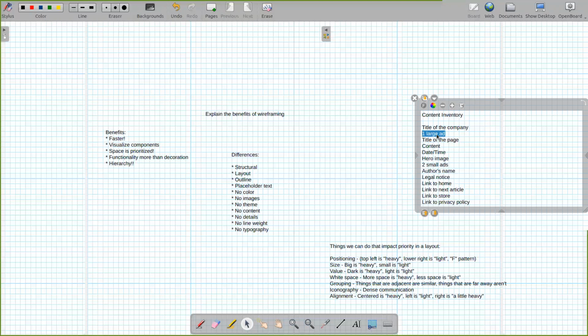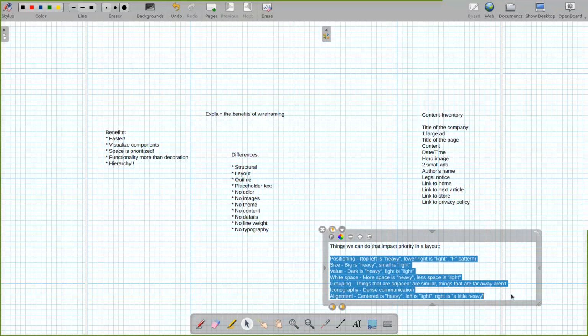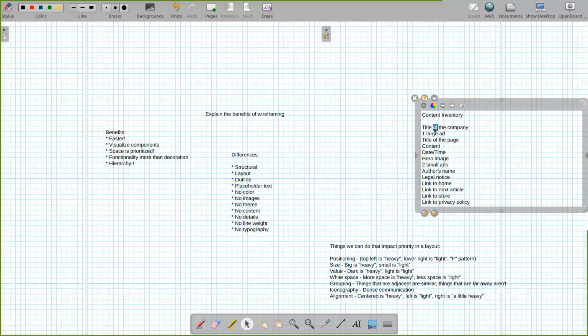So how do I make sure that it's not equally as important as the title of the company? And so as we add each of these things, we have to keep reconfiguring all of these little levers that we're pulling to make sure that visually this is more important than this, is more important than this, is more important than this, is more important than this.